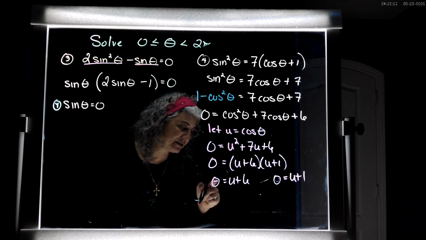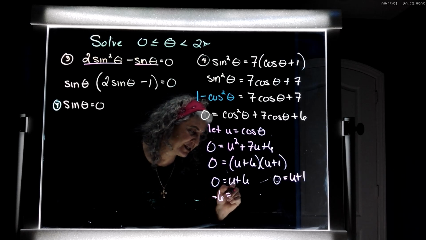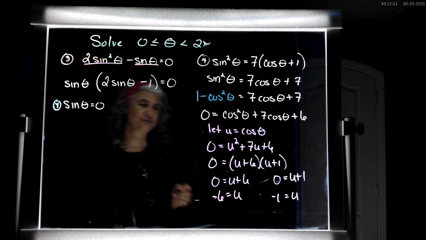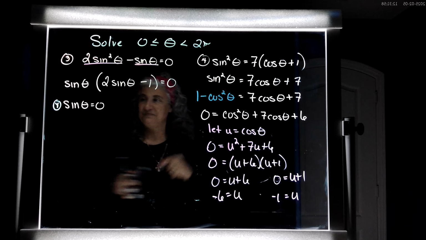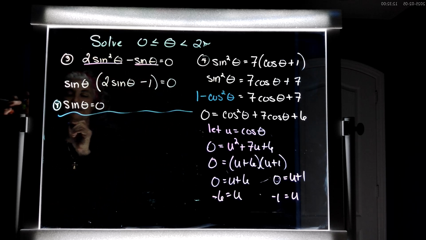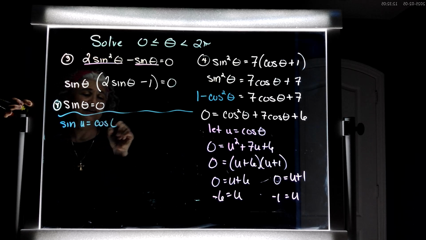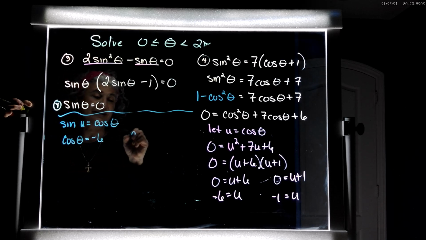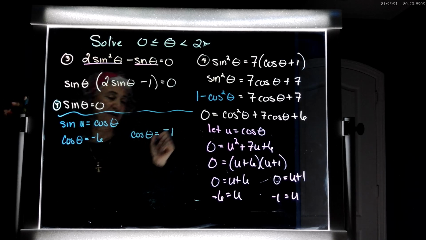So that means U is equal to negative 6 or U is equal to negative 1, right? But remember, since U equaled cosine theta, that means that the cosine of theta is equal to negative 6 and the cosine of theta is equal to negative 1.